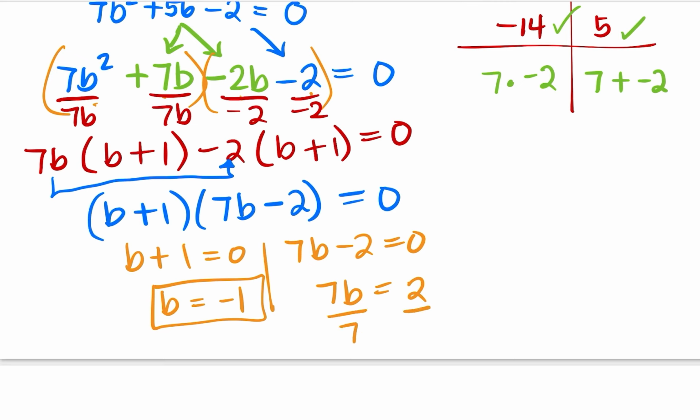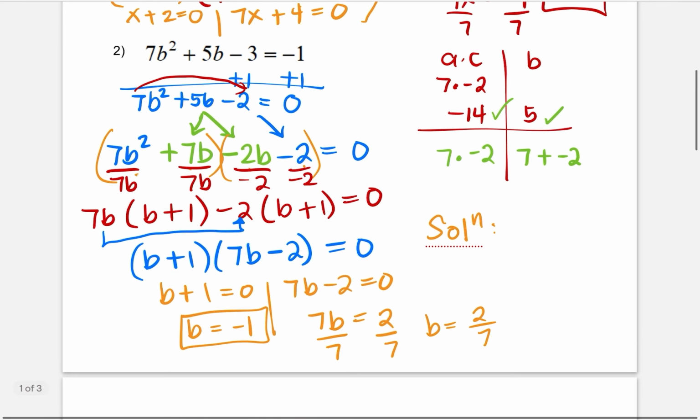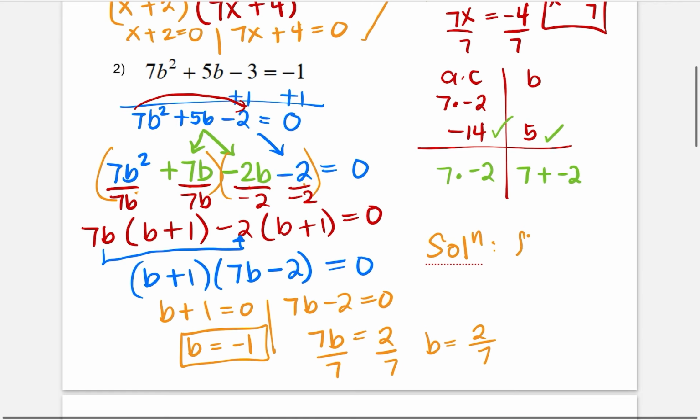Divide both sides by 7. So b is equal to 2 over 7. So the solutions for problem number 2 are negative 1 and 2 over 7.